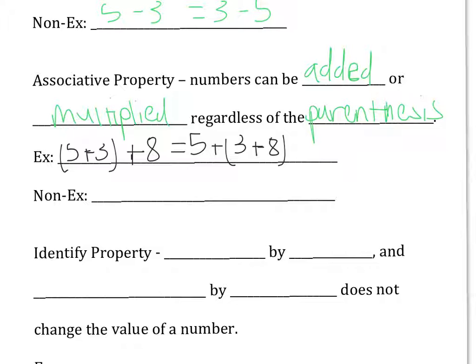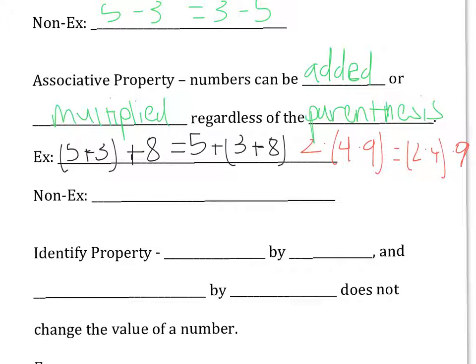What that could be for multiplication would be, I could have 2 times the quantity 4 times 9, and that's equal to, in parentheses, 2 times 4 times 9.